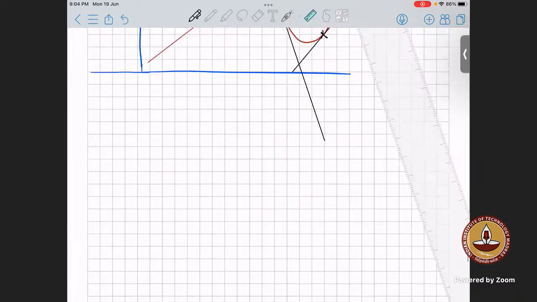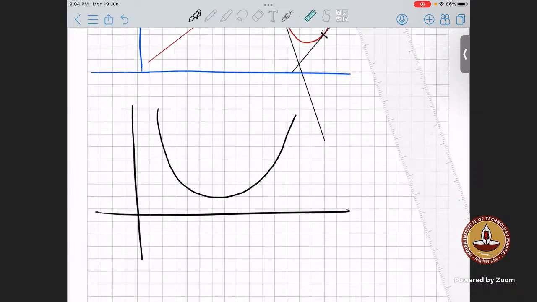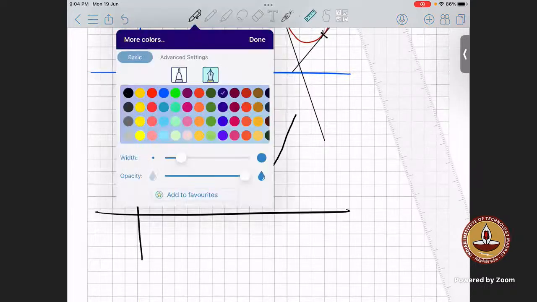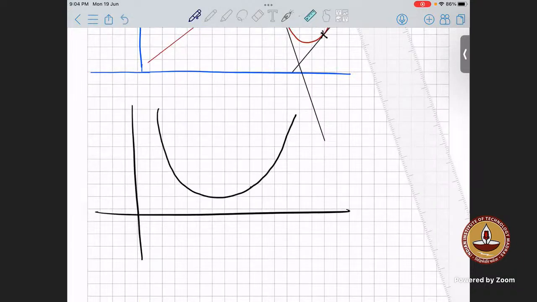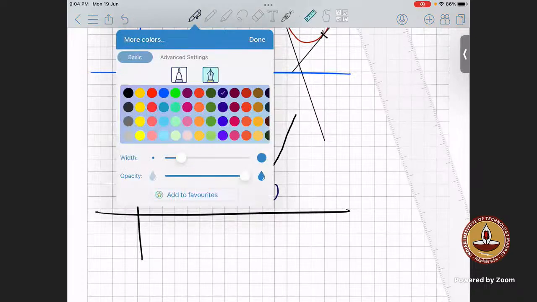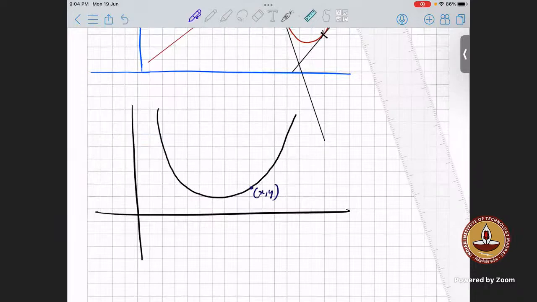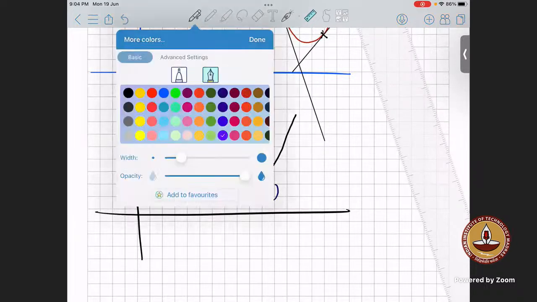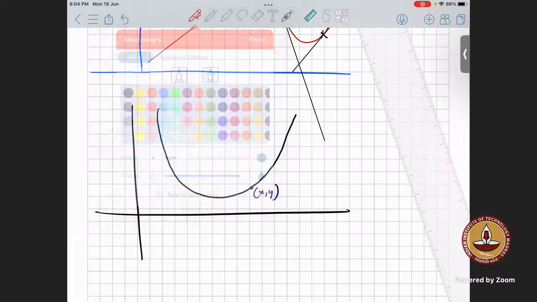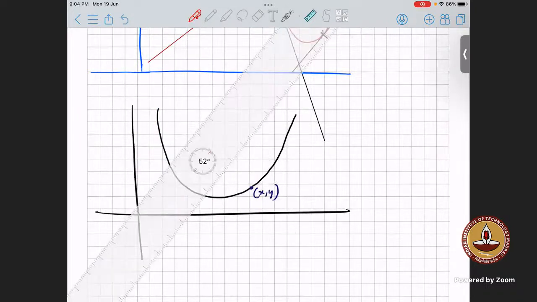Look, I will try to explain again. Let this be a graph. You want to find the slope at this point, x comma y. First, you need to draw a tangent at this point.